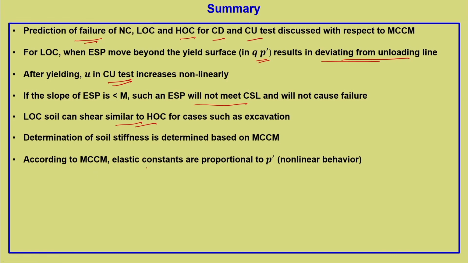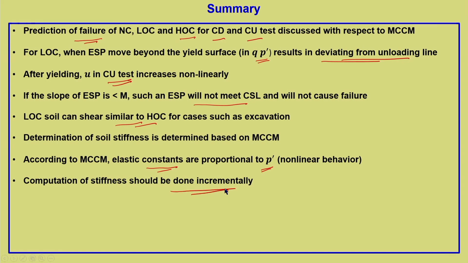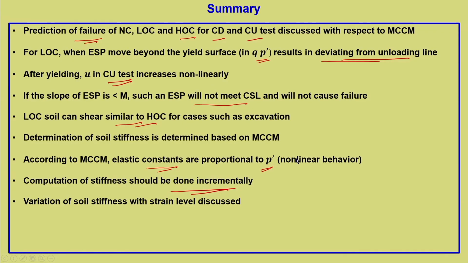According to MCCM, elastic constants are proportional to p dash. Computation of stiffness should be done incrementally. Even though there is an equation, it does not mean that it gives a particular constant value. For the range of p dash, it will be different.